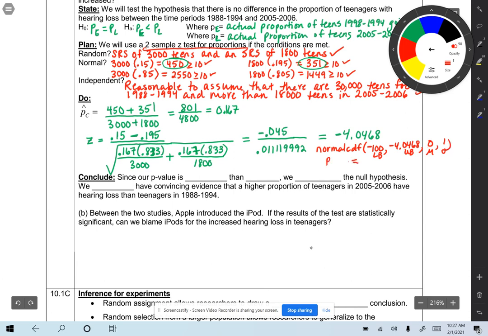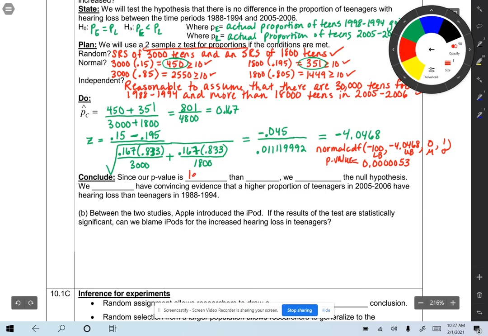So our p-value is going to be, it'll show you 5.3 times 10 to the negative 6. So it's 0.000053. But that is definitely less than 0.05.